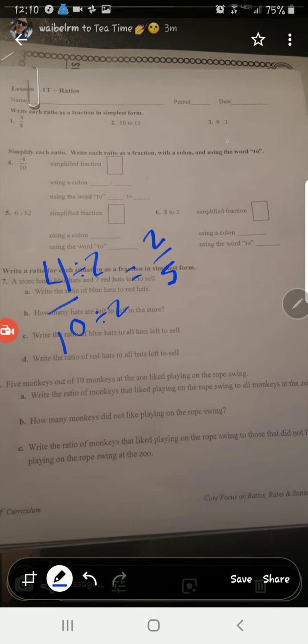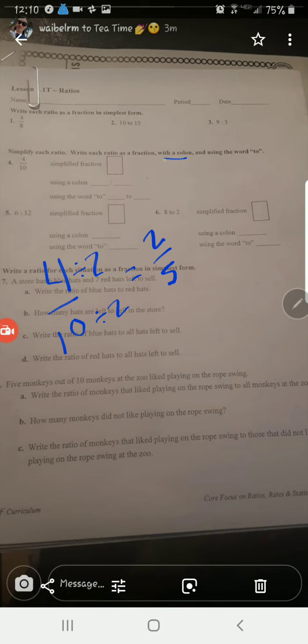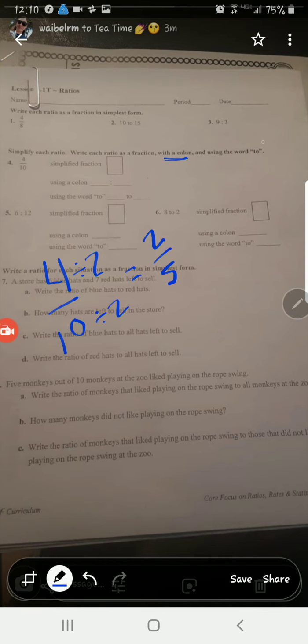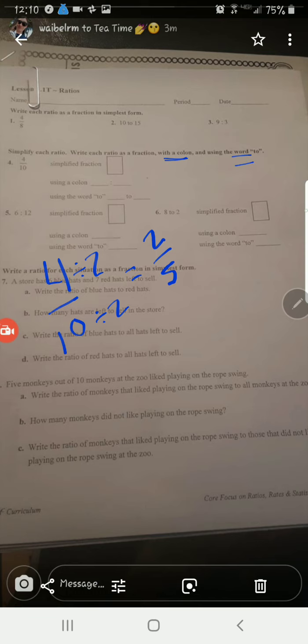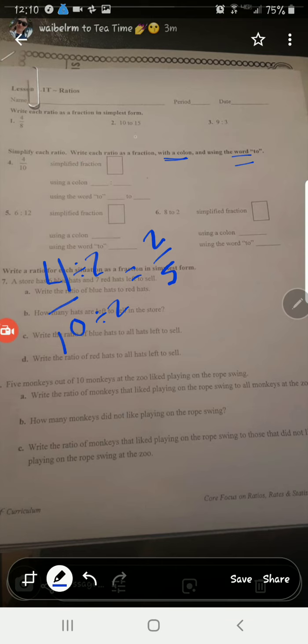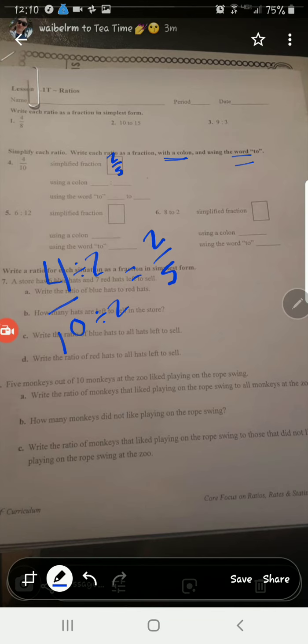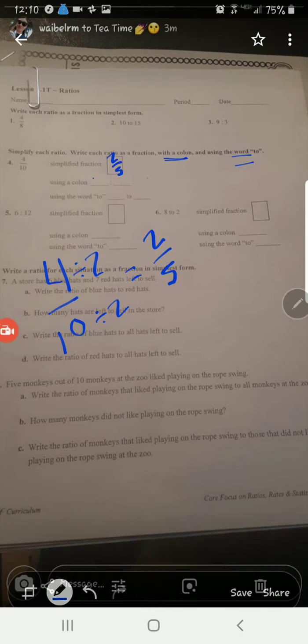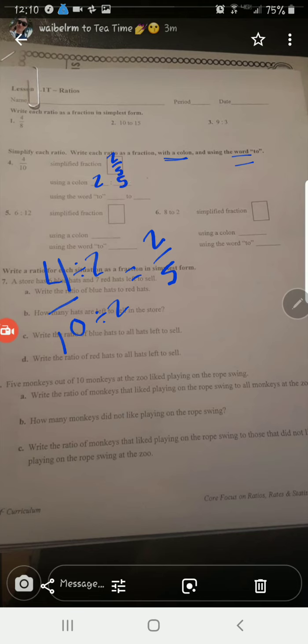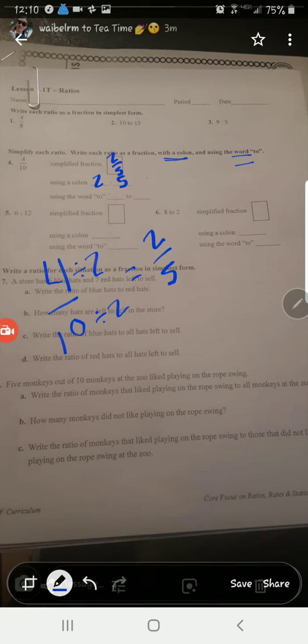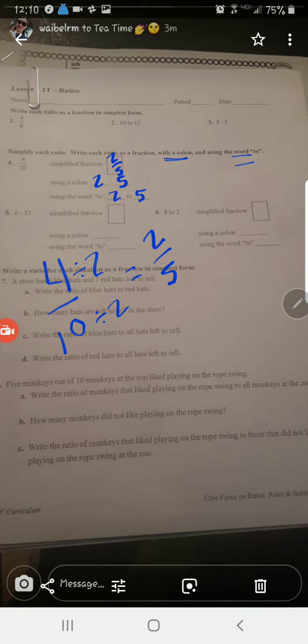And they want you to use a colon and using the word to. So here, the simplified fraction would be 2/5. Using a colon would be 2:5. Using the word to is 2 to 5.